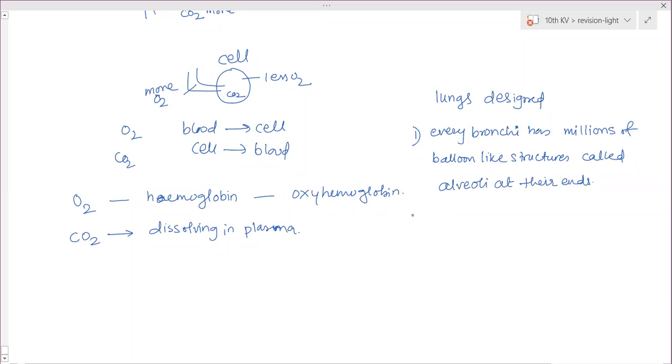These alveoli increase the surface area for exchange of gases.